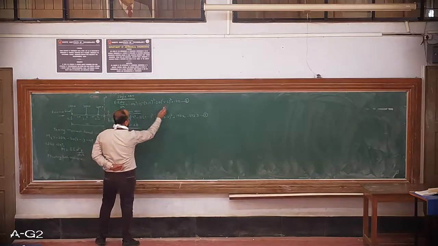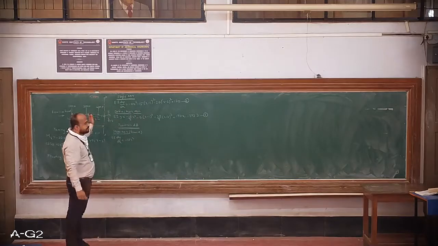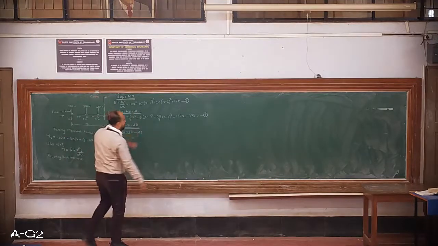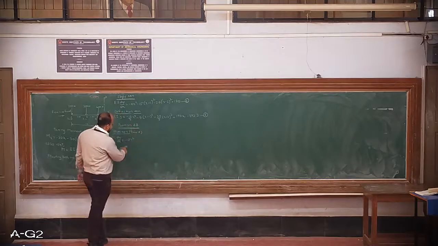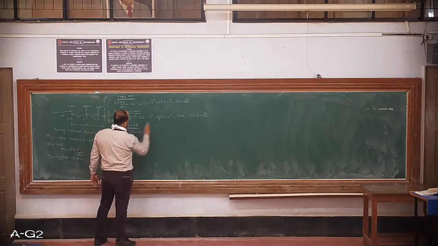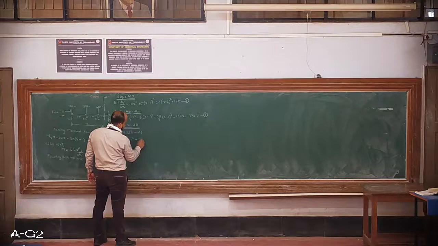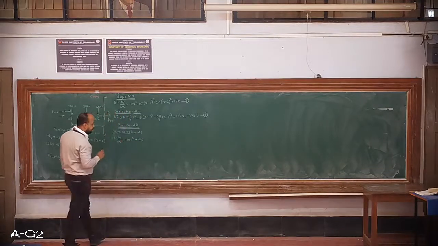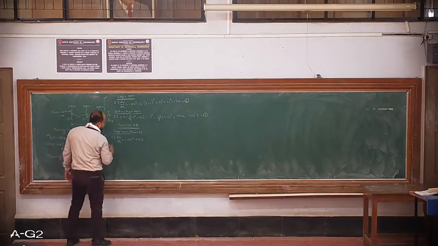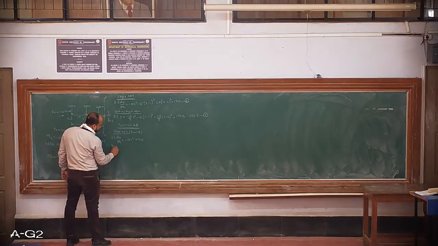The loads of 15 and 20 are beyond B or at B, but I am taking between A and B. So minus 10 into x square plus 170. This is my slope equation. What will become my deflection equation?